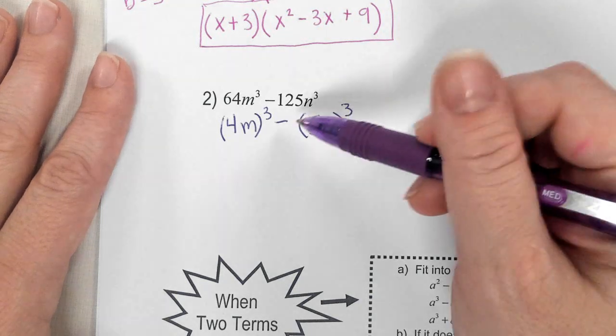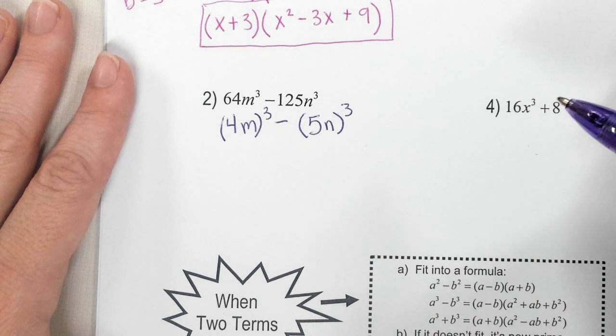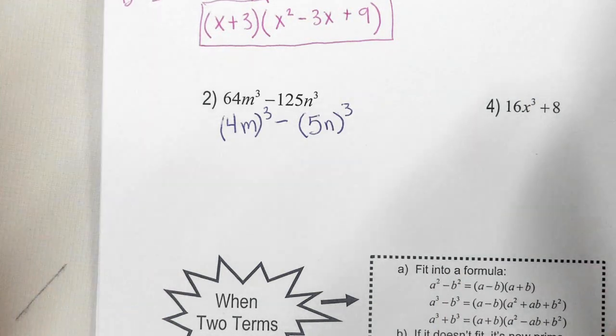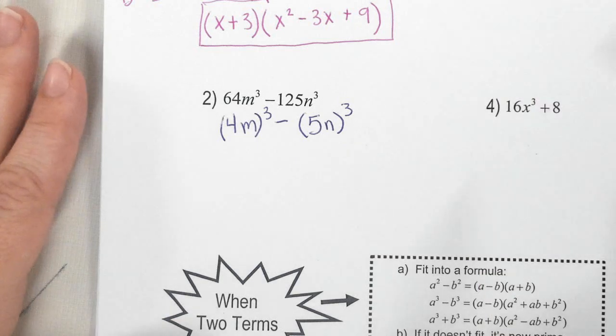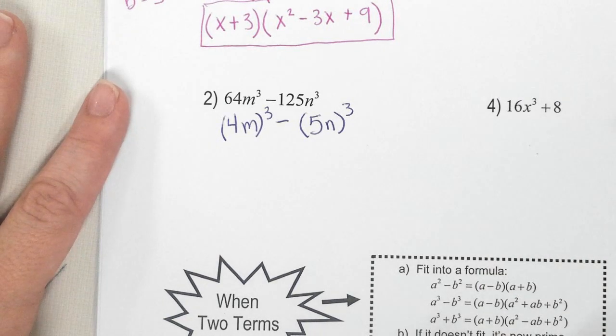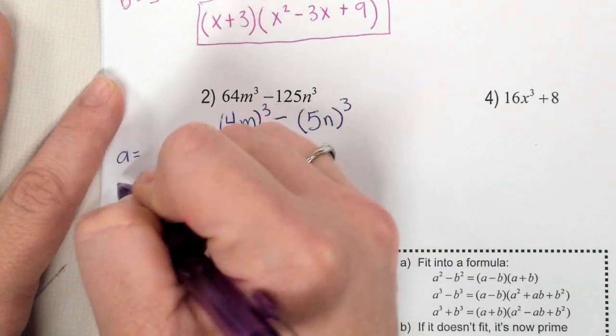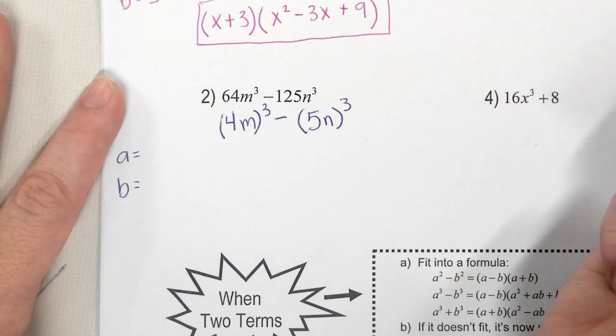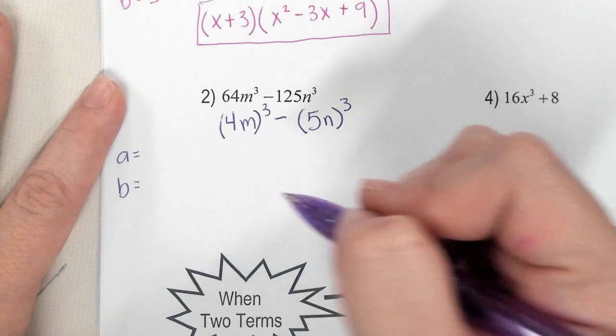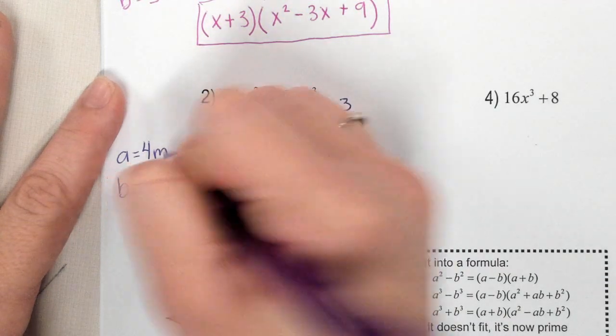Okay, so don't think, oh, that's -5. Don't do that. Yes? Okay, ignore the plus or minus in the middle. That just tells you which formula to pick. So this is going to be the difference of cubes, which is top right. Bless you. So what is A? For what? Yes. And what is B?